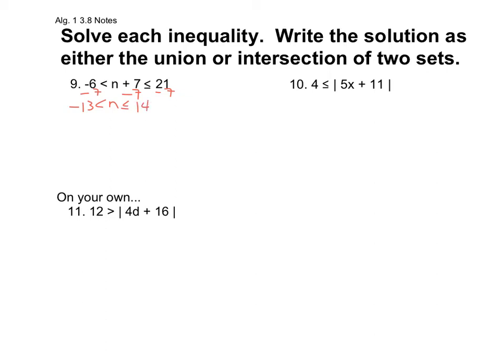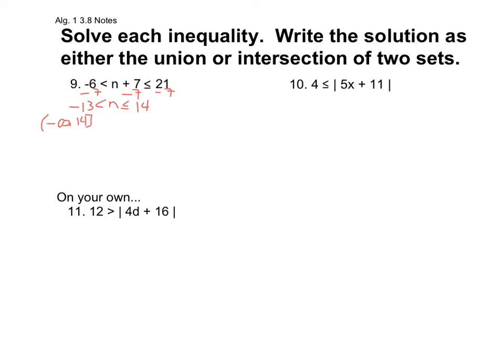Anytime I've got a situation where my variable is sandwiched in between these two, both of the conditions need to exist. So if I were to write this in interval notation, I could say that -infinity, and then I'm going to include 14.